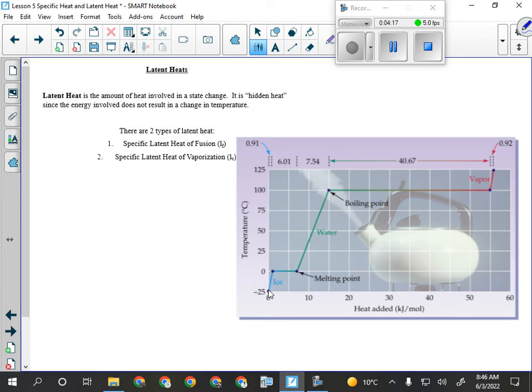Only one can change at a time. So if I have a block of ice and I start warming it up, it doesn't melt right away. First, it has to get to zero. So I can change the kinetic thermal energy until I get to its melting point. Then the kinetic thermal energy will stop changing and the ice will melt. Through the entire melting process, the temperature stays at zero until all the ice is melted.